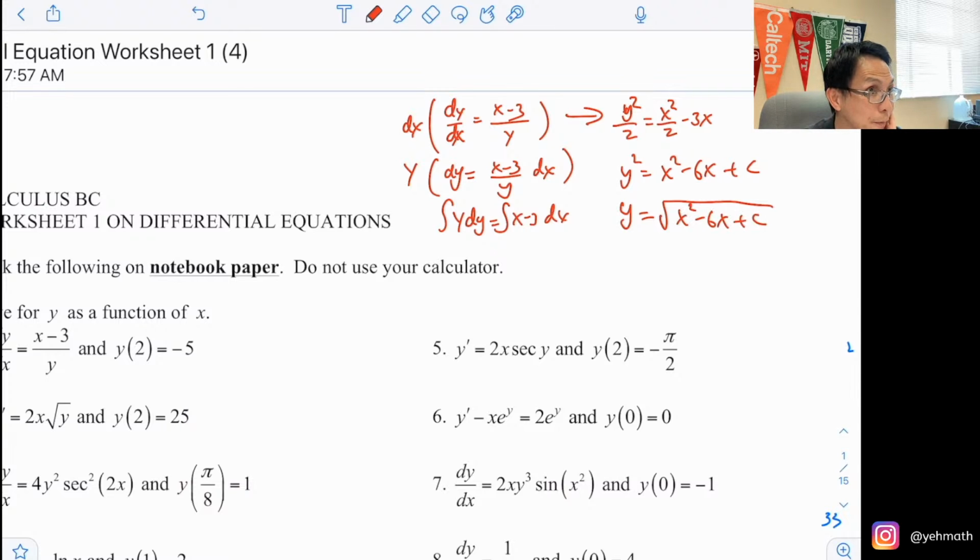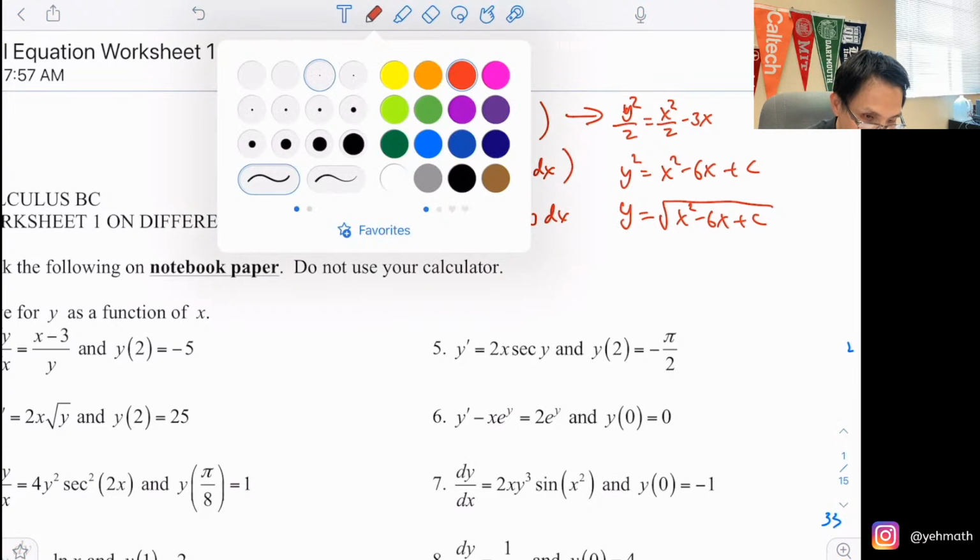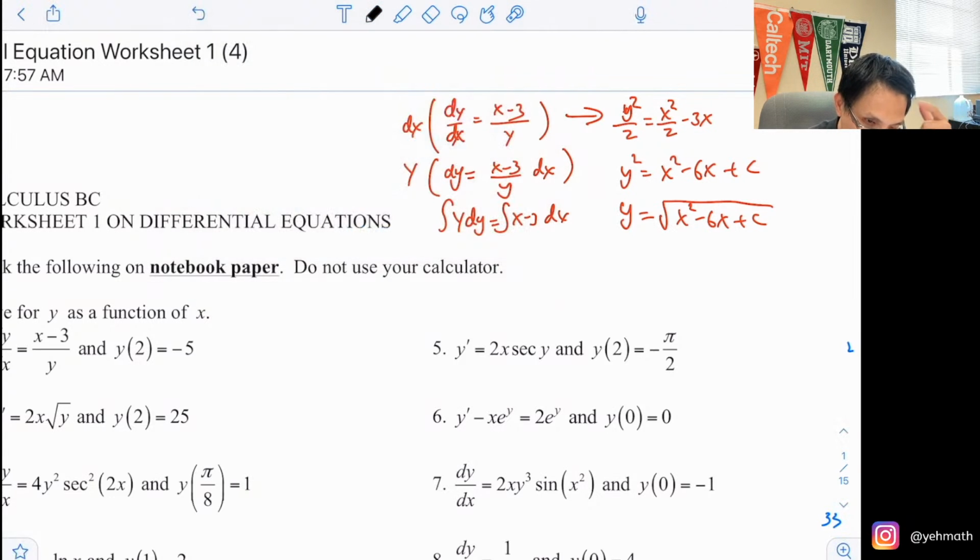You solve for y, you find the general solution. But here's a slight problem. What is missing? Negative y at 2 equals -5. Well, not yet, but what's missing right now? Plus or minus.